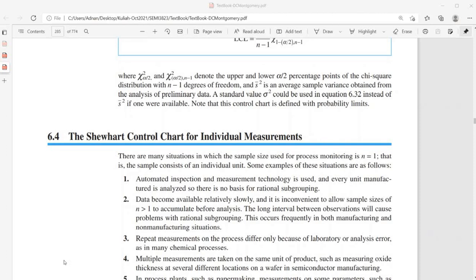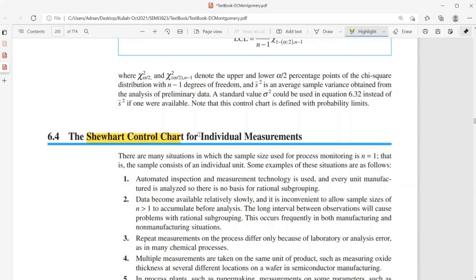Okay, individual Shewhart control chart for individual measurement. When we say Shewhart, we are referring to a normal chart which has an upper control limit, central line, and lower control limit.